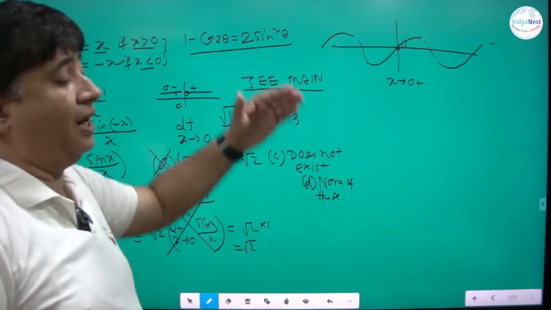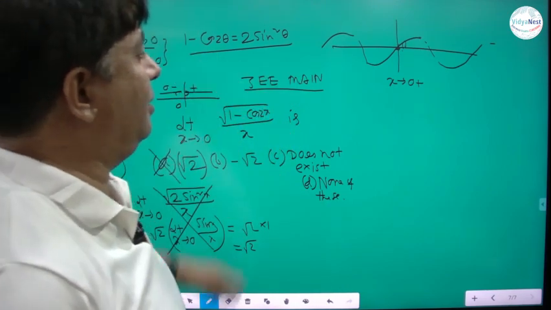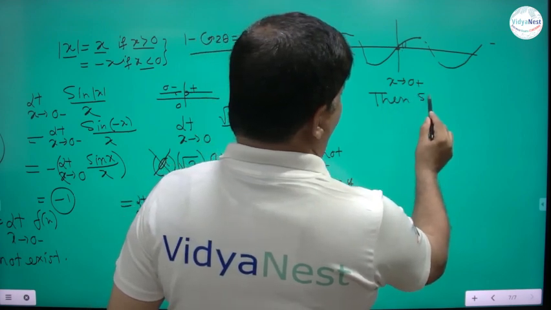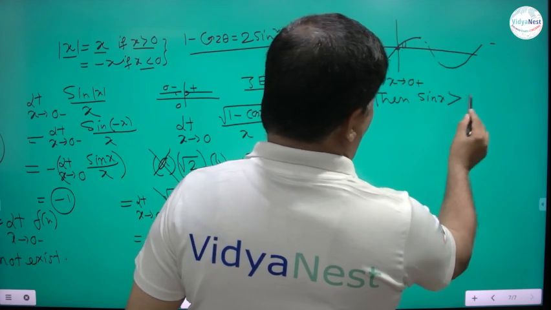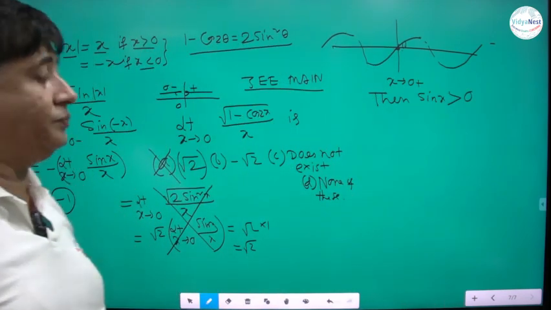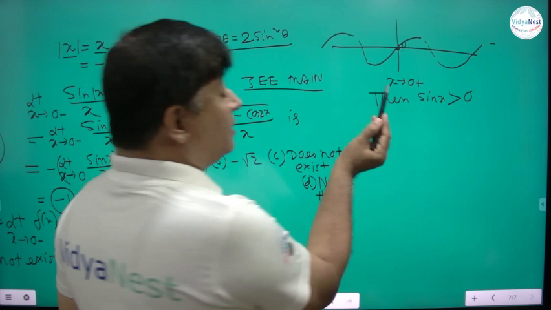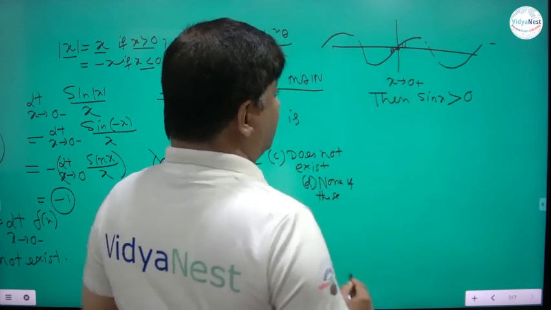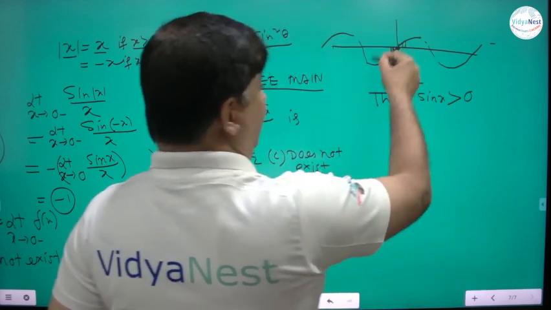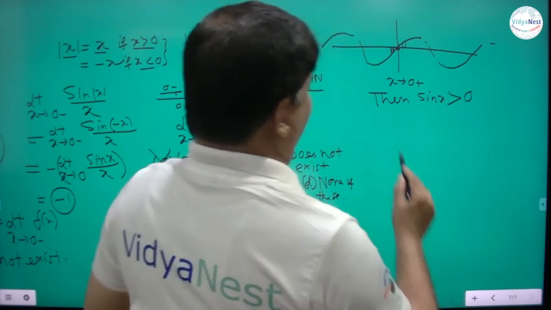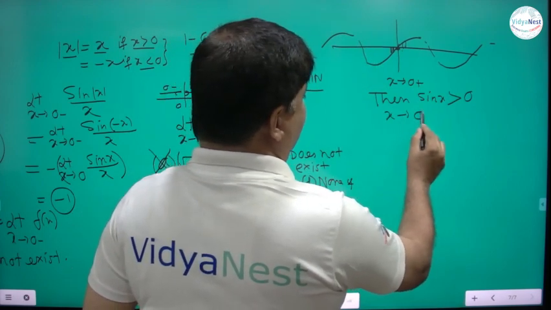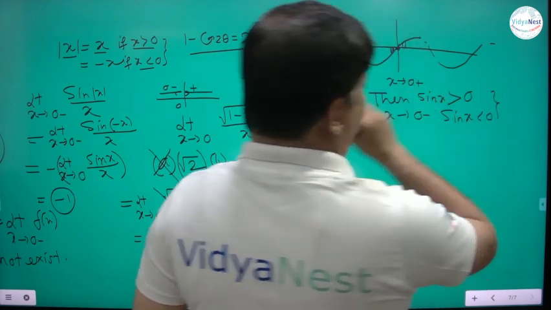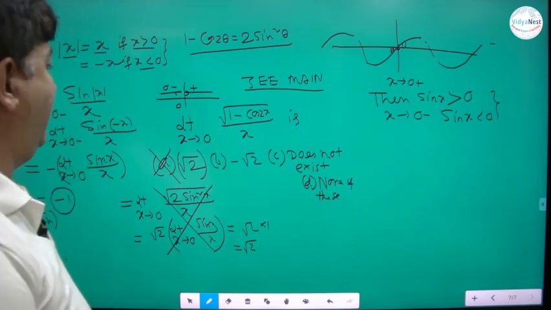Positive or negative? It lies above the x axis. Yes or no? Then sin x is positive. But if you skip slightly to the left hand side, sin x lies below the x axis. So x tends to 0 minus, sin x will be less than 0.